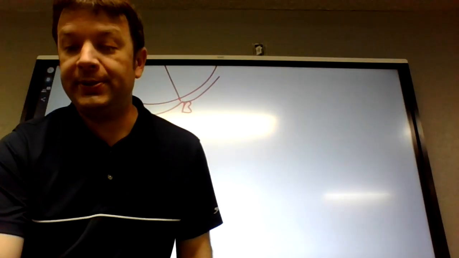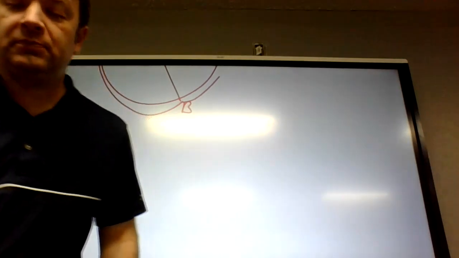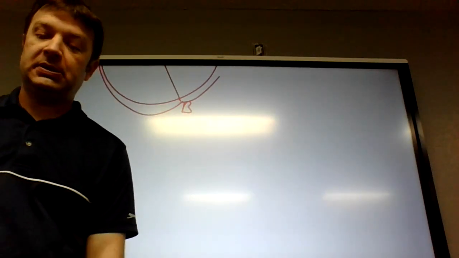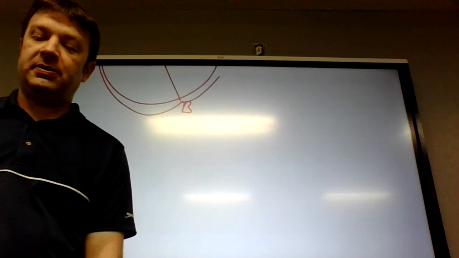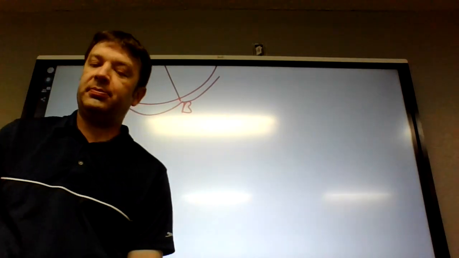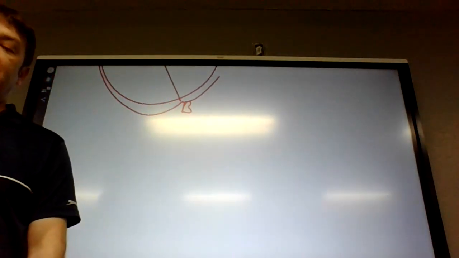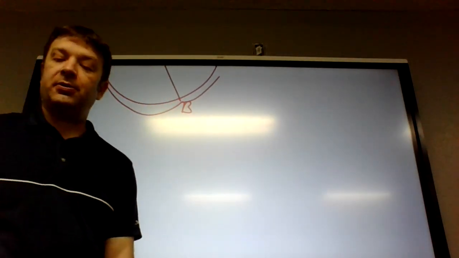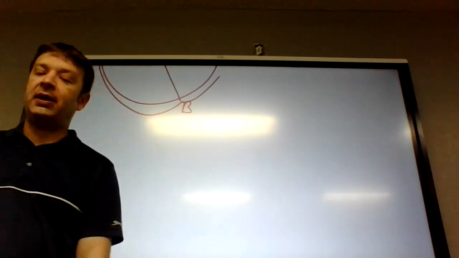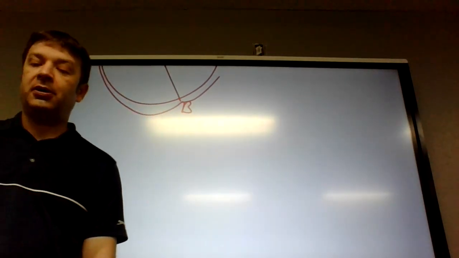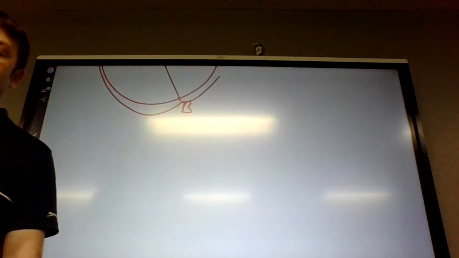So on 3, any ideas? Right. So JL is a diameter, which means it's cutting the circle in half. So arc JK and arc KL together should add up to 180.